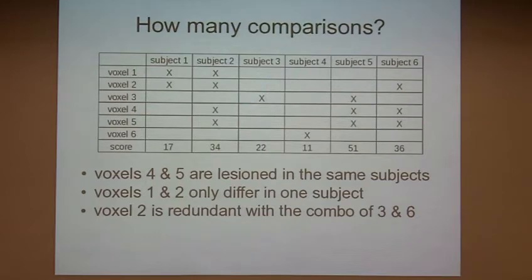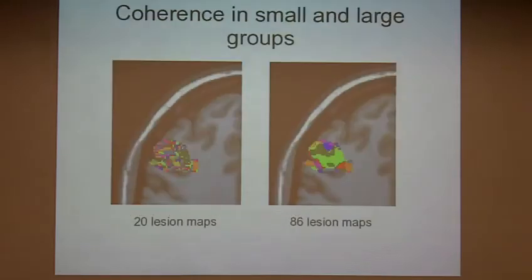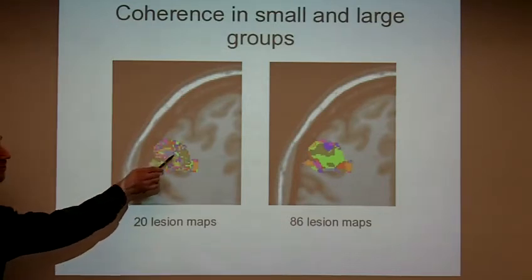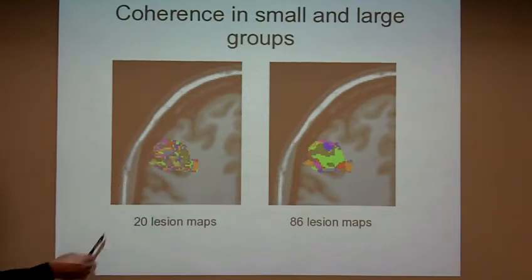So here's that new figure that I was really excited about. Here's what happens. You end up with lots of voxels in tightly packed clusters, like these. I tried to color code it so that voxels with the same pattern have the same color. So the idea is that all these bluish voxels right here, with this shade of blue, are lesioned in exactly the same set of subjects.